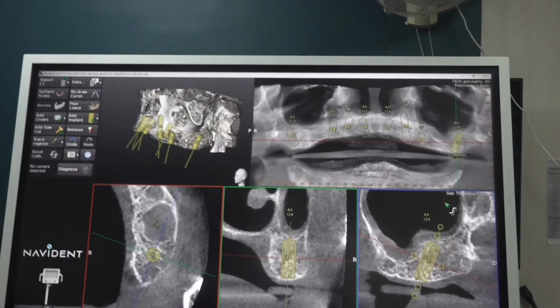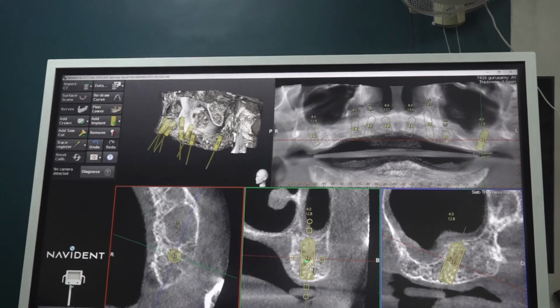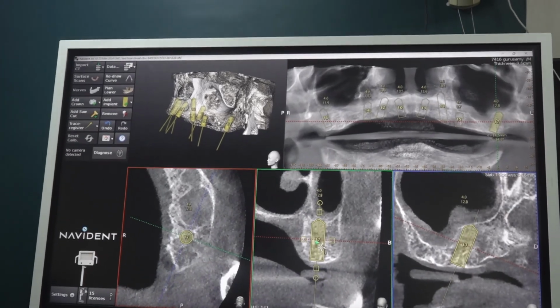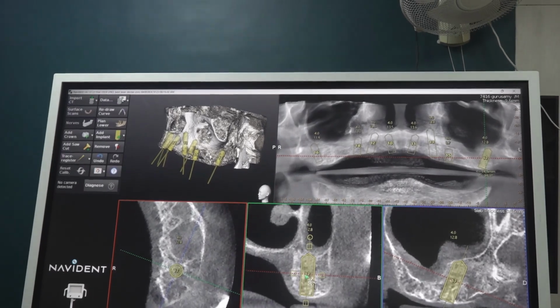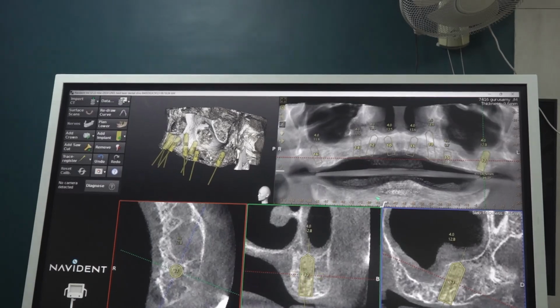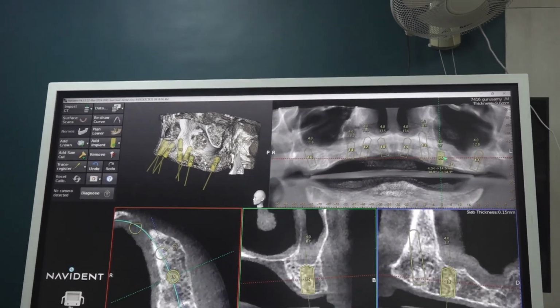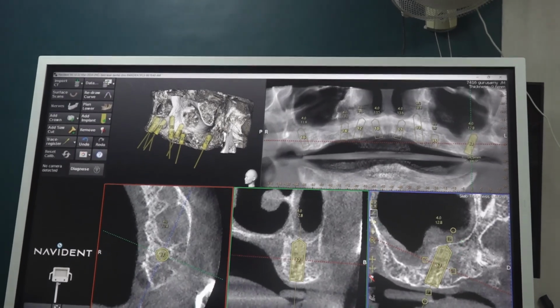Here, even left side, even if you are not placing pterygoid, you can place the implant anterior to pterygoid. Okay. We can avoid this short implant and we can place this implant.